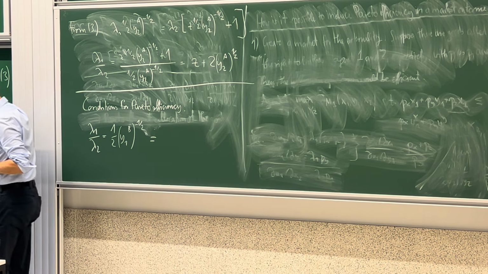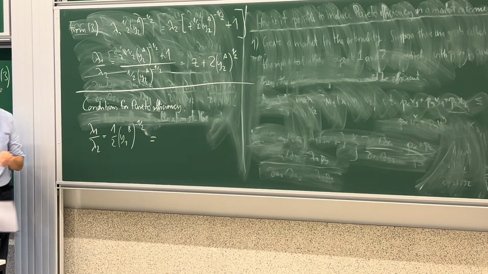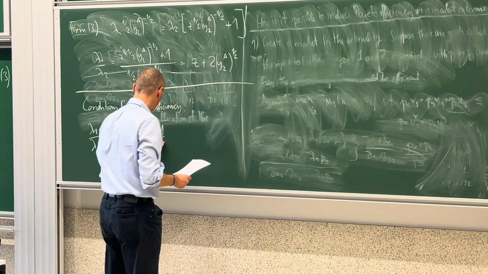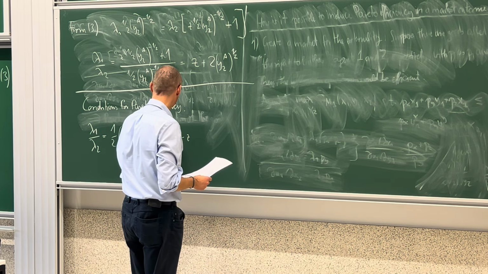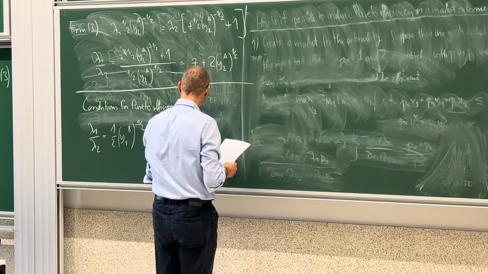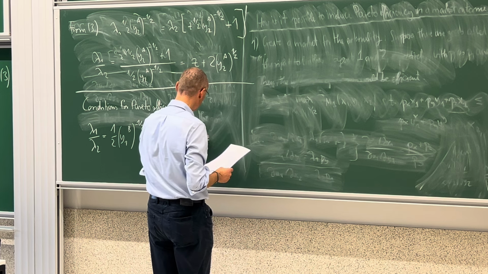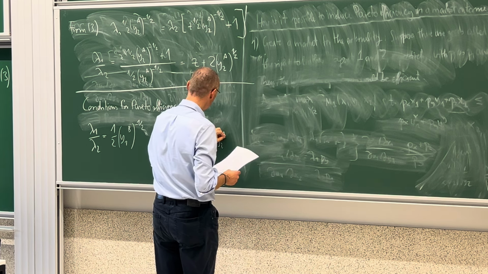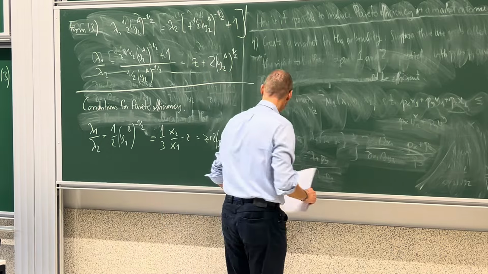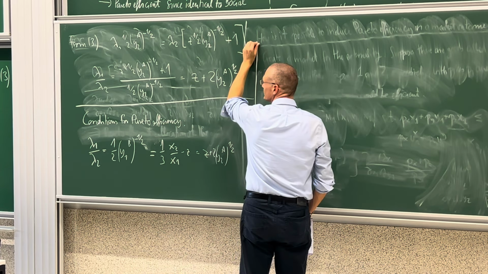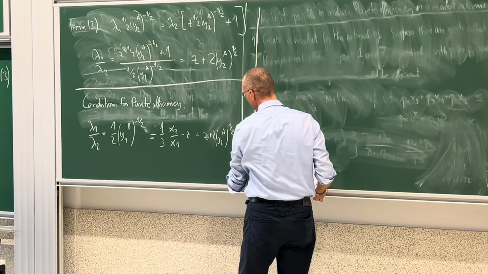Here I put the zeta to the other side. I get 1/3 x2 over x1 minus zeta, and the third one is this one here, which is zeta plus 2 y2A to the 1/2, the square root. Okay, so this we will keep.